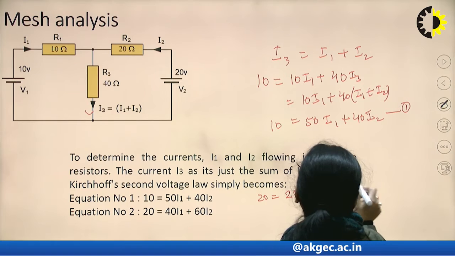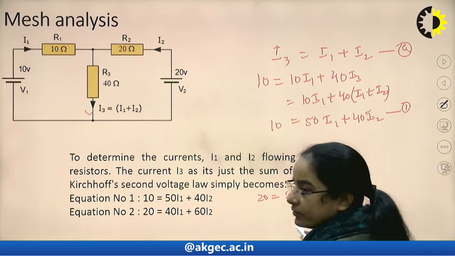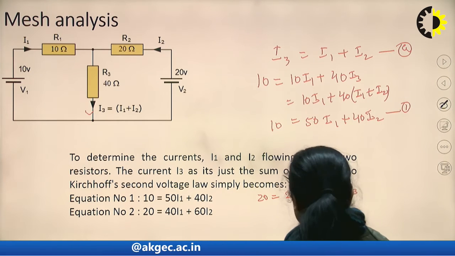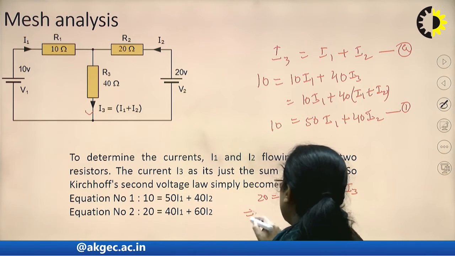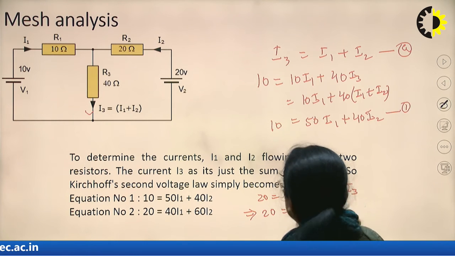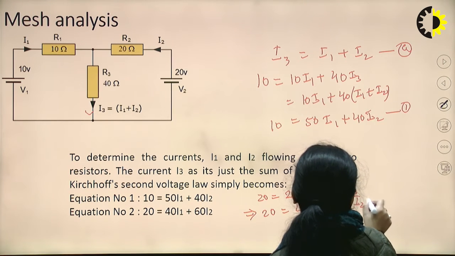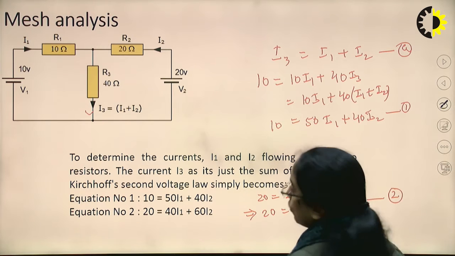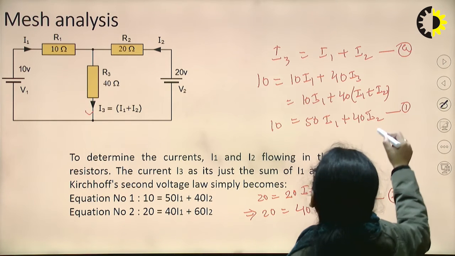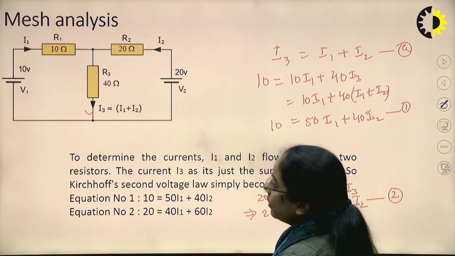If we replace the value of I3 using equation A, we have 20 equals 20 I2 plus 40 I1 plus 40 I2, so it will be 40 I1 plus 60 I2. These are the 2 equations that we need to solve to calculate I1 and I2, and then the sum of both will give I3.